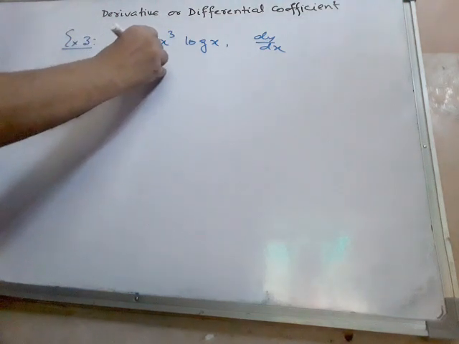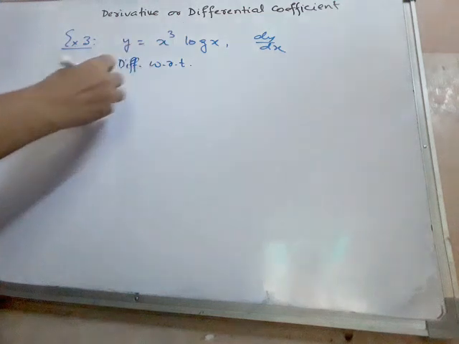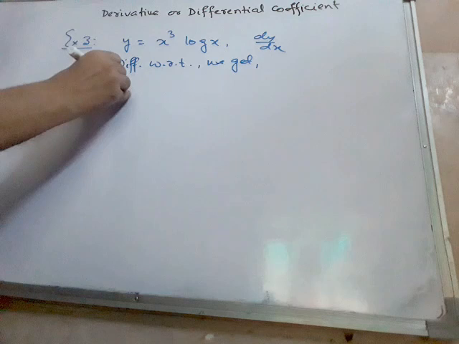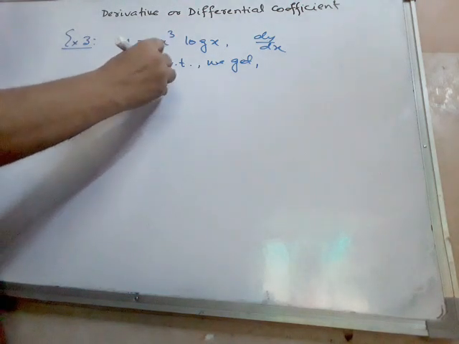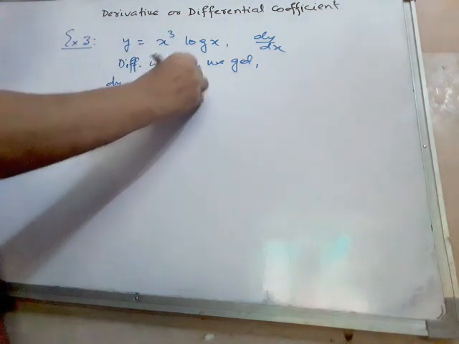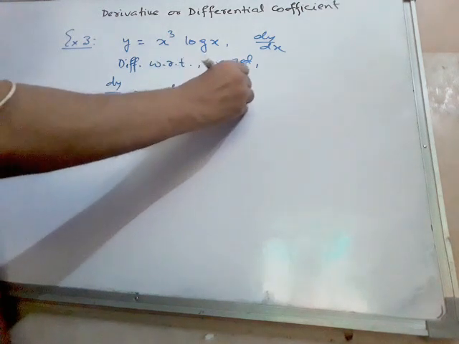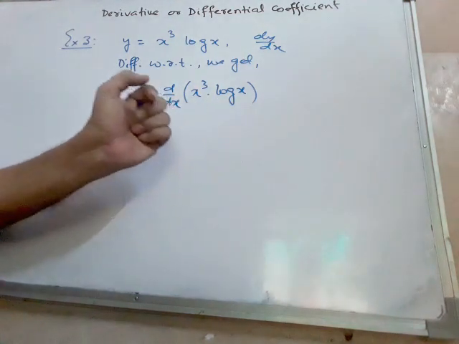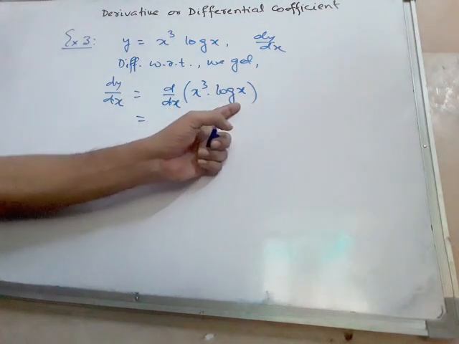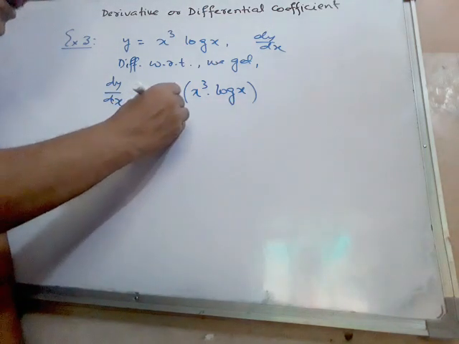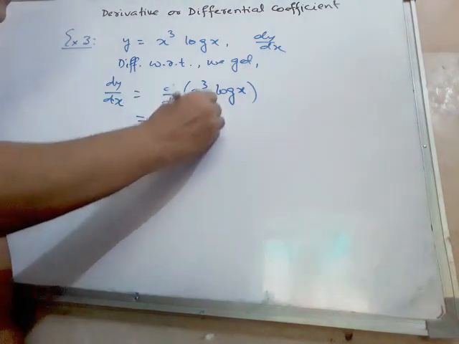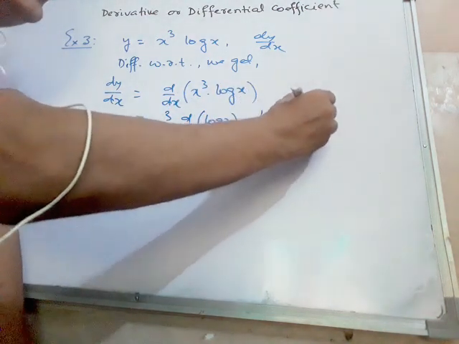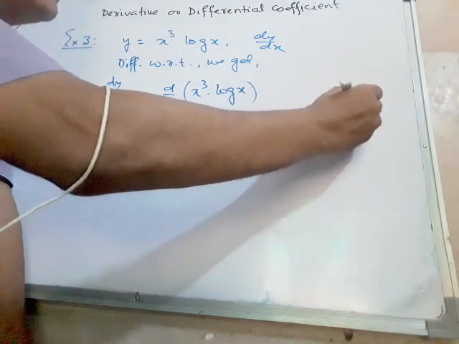Differentiating with respect to x, we get dy by dx equal to d/dx of x cube into log x. It is a product function; there are two types of functions and they are in product form. So there is a first function and a second function. Our formula will be first function into derivative of the second plus second function into derivative of the first function.